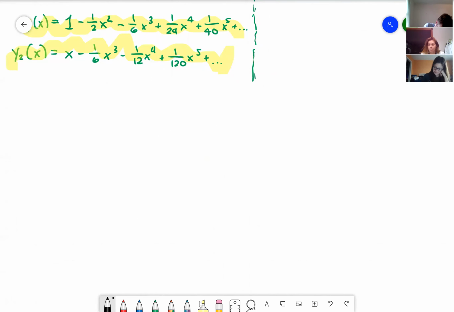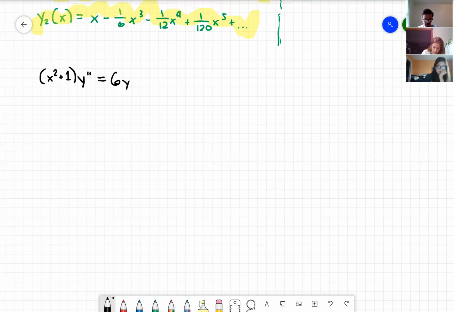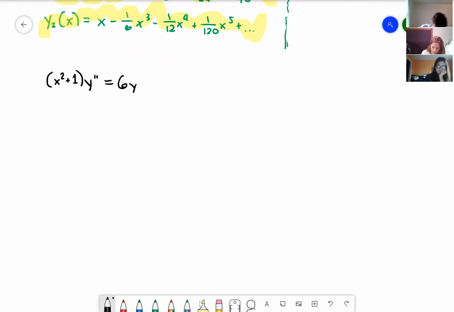Last one. x squared plus 1. Just writing down the problem. Actually, let's have a little fun. We'll move it over to the other side. It was negative already. We know what the series is going to be. n plus 2.